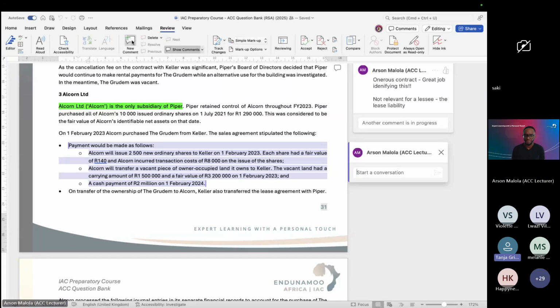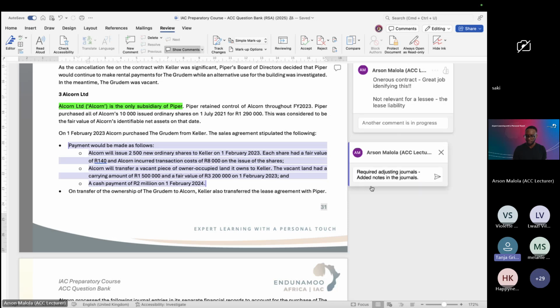Okay, so the first thing I did, seeing that the required asked for adjusting journals, was search for the journals in the paper. The next page gives us the journals, and I added little notes there. For the share issue costs, for instance, is it correct that they aren't capitalized?